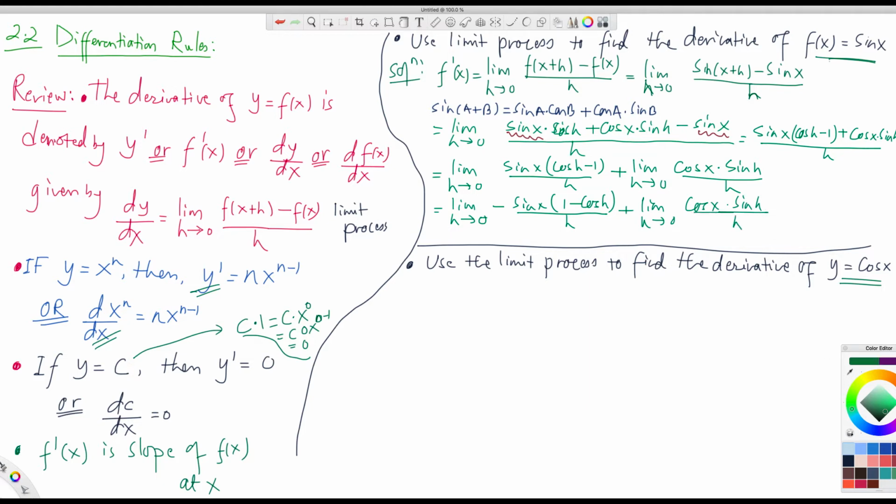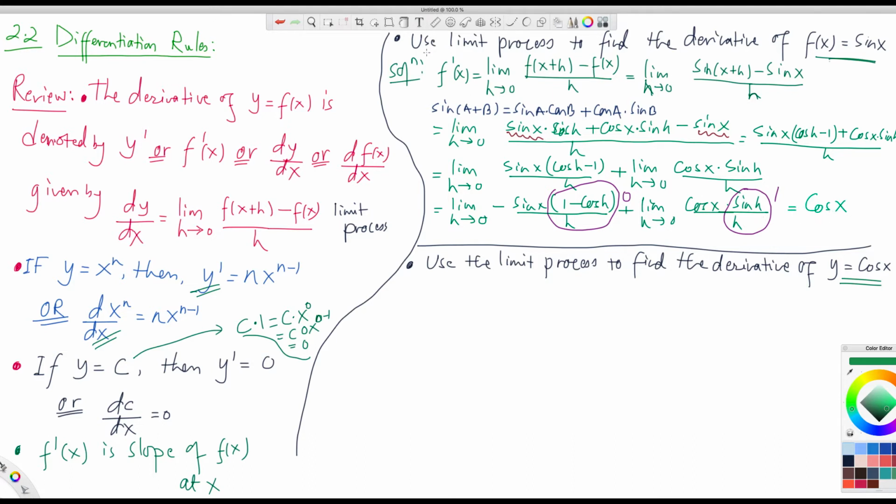What do you get there? The limit as h tends to 0 of sine h over h is 1, and the limit as h tends to 0 of (1 minus cosine h) over h is 0. So sine x times 0 will be 0. The first term will be 0. The second term will be cosine x. 0 plus cosine x will be just cosine x, which is the formula. So you get that this is equal to cosine x.